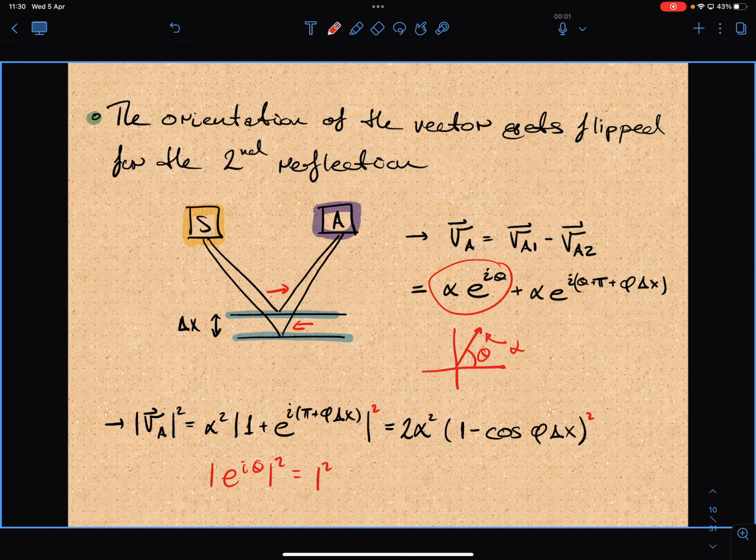So now we can analyze this, and we see that 1 minus cosine phi delta x, the absolute value of this, what's the minimum that this could be? 0. And what's the maximum that this could be? 2.